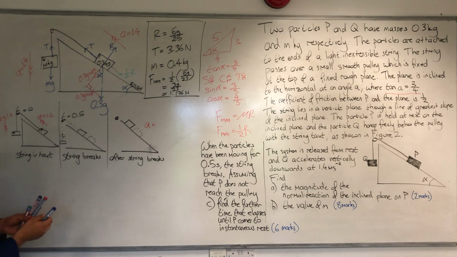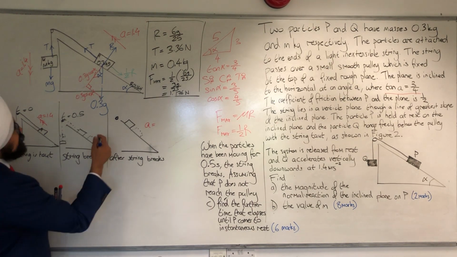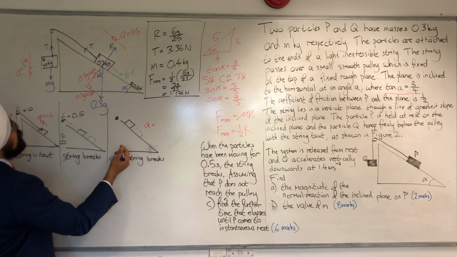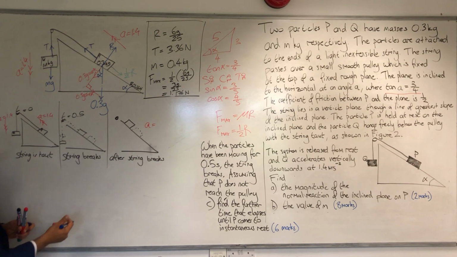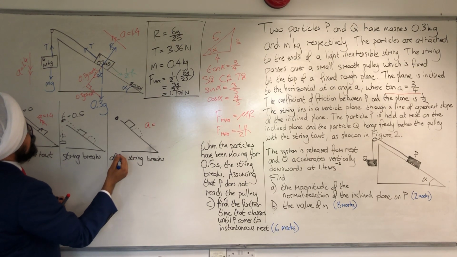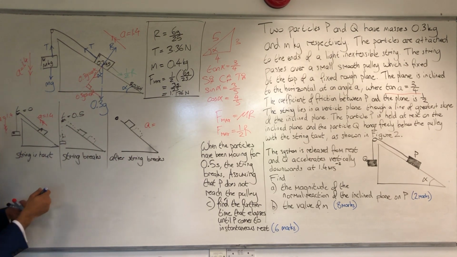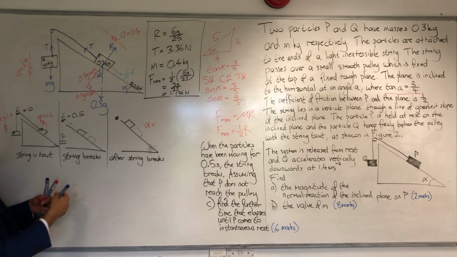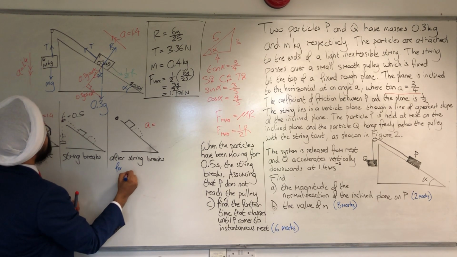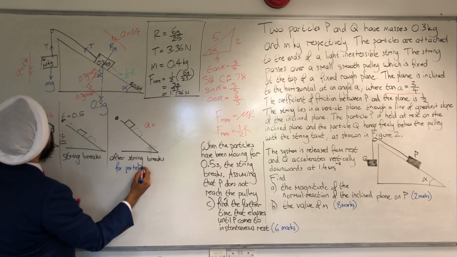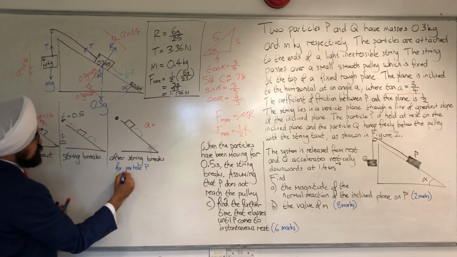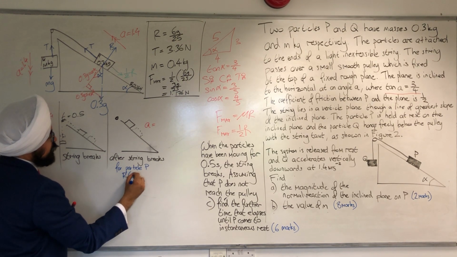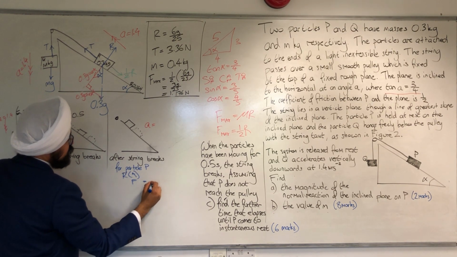The way I would do it is I would look back into my diagram and think, I need to create another equation of motion without the tension. There's no tension anymore. You could do this pretty quickly just by using your original diagram, because all you have to do is, for particle P in the direction of your original acceleration, resolve, and I've got F equals ma.